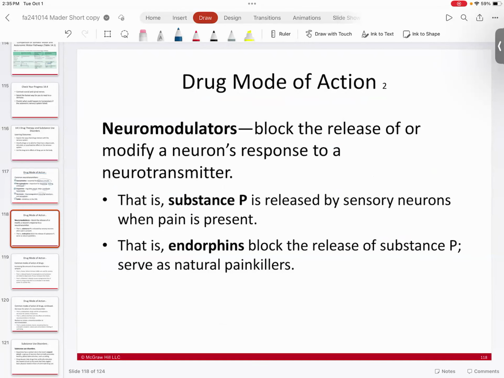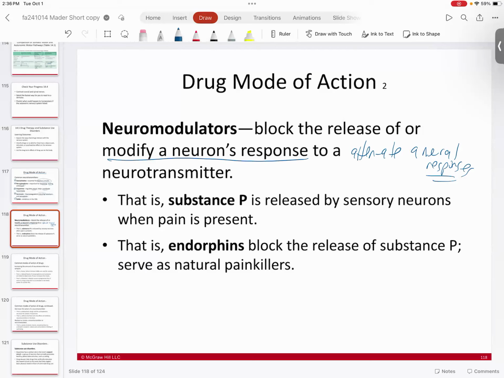So in addition to neurotransmitters, there's also what's called neuromodulators. So neuromodulators will basically modify or attenuate a neural response to a transmitter. So think of a neurotransmitter as kind of like, I'm excited or not, right?